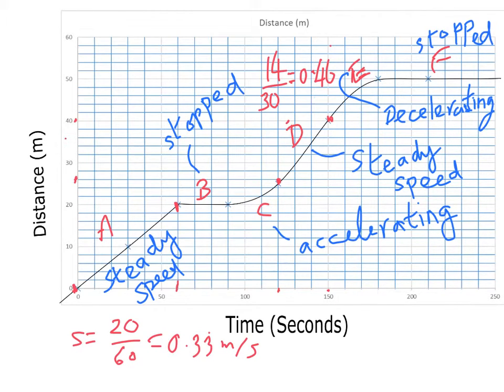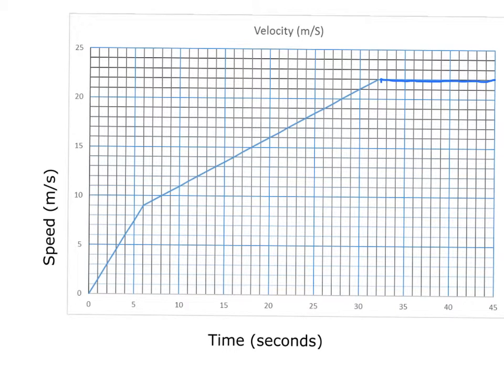The section D has a speed of 0.46. You should also notice that this section D is slightly steeper than A, and that is reflected in the speed. So you have a higher speed, a steeper gradient. In a distance time graph, a steeper gradient only shows it's traveling at a faster speed.